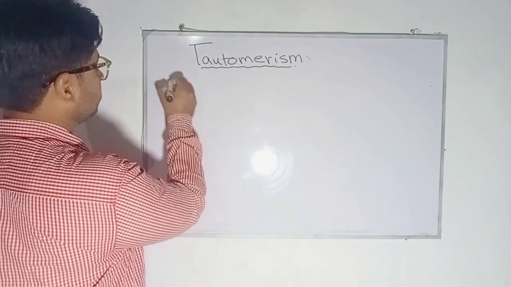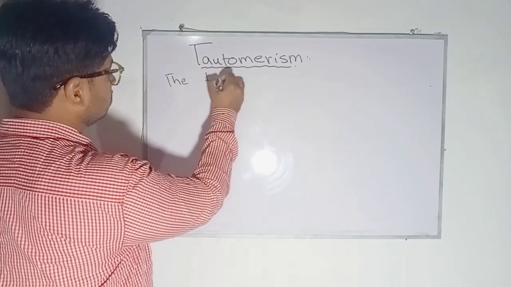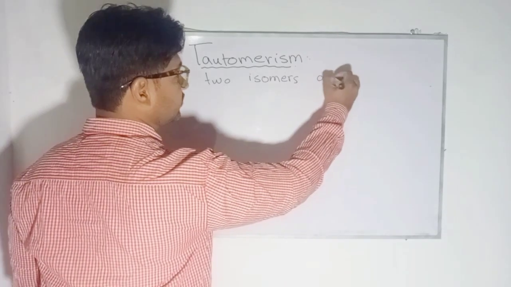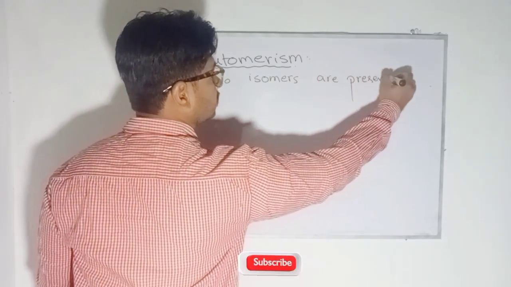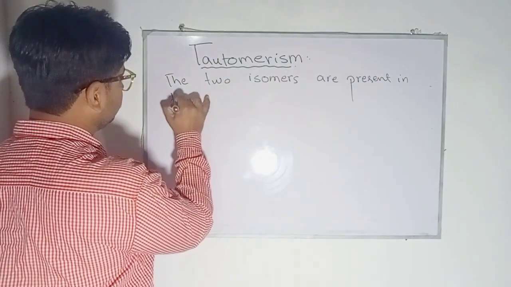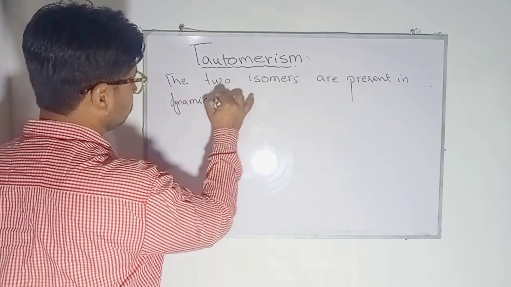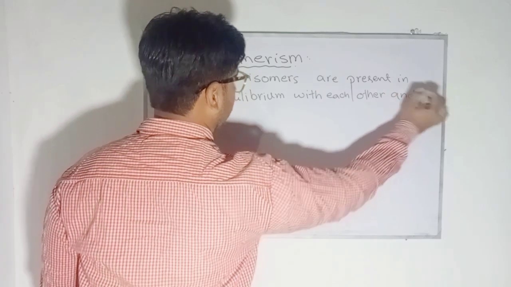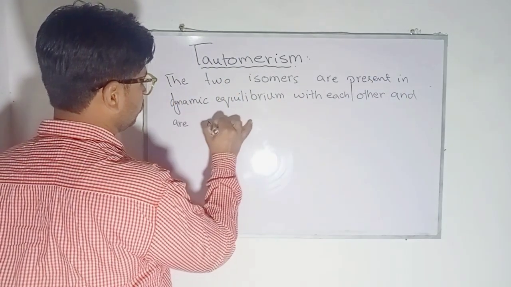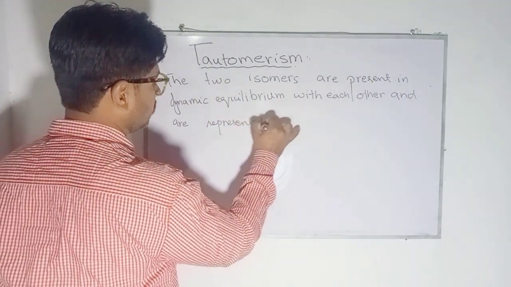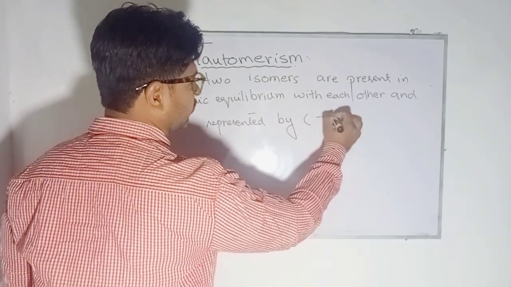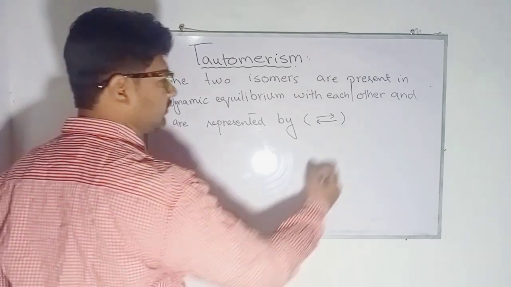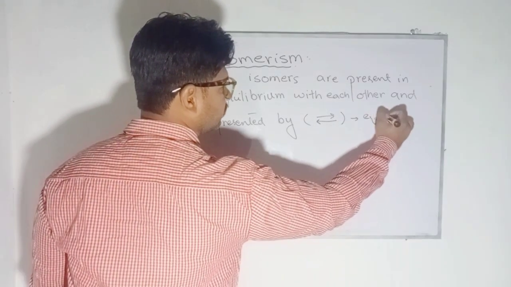So in tautomerism, the two isomers are present in dynamic equilibrium with each other and are represented by two arrows in opposite direction, which actually represents the sign of equilibrium.